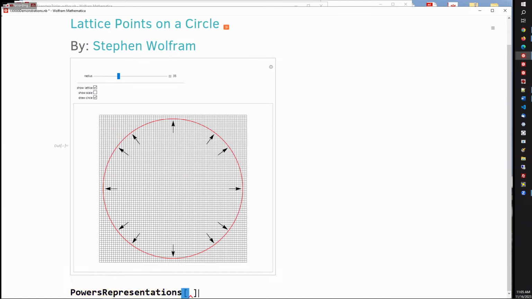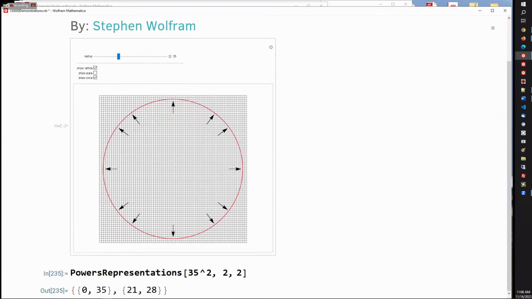So let me see if we can do this here. So 35 squared as the sum of two squares. So 21 and 28 is what these vertices are.